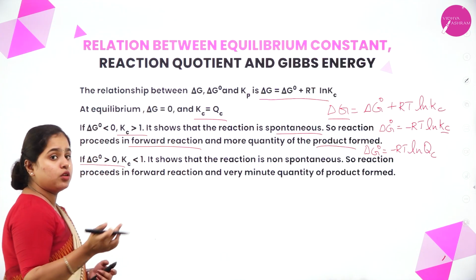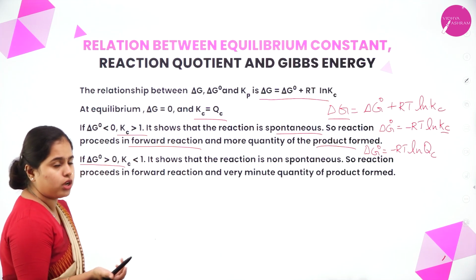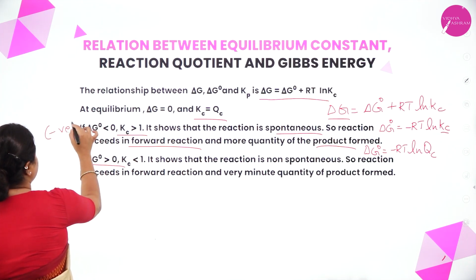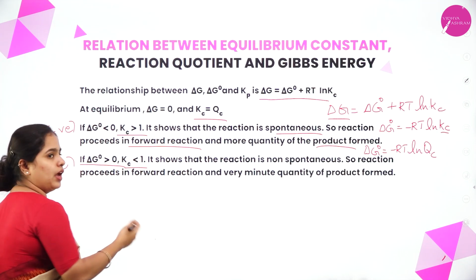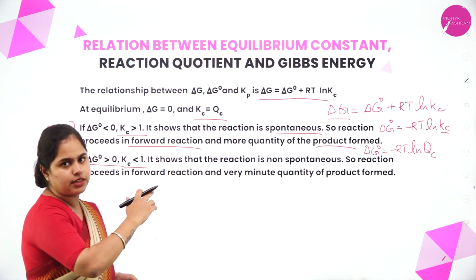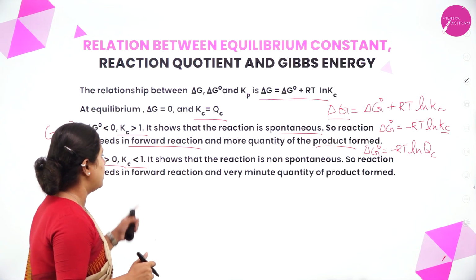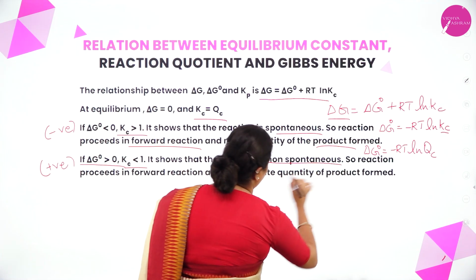Now if delta G naught is greater than 0, that is, it is positive, here it is negative. If it is positive, what happens? Kc will be less than 1, and it shows that the reaction is non-spontaneous.